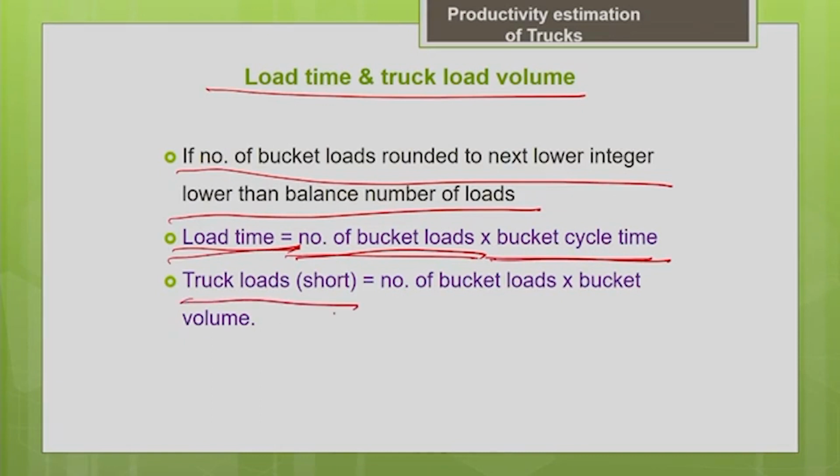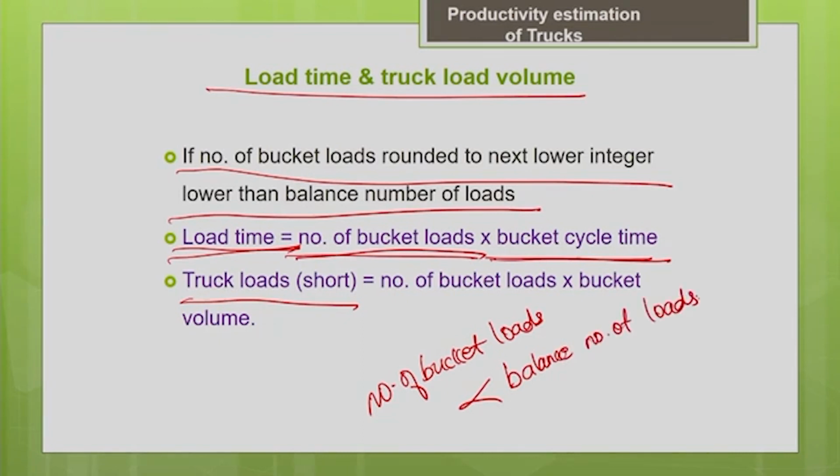Now how do we find the truck load? In this case, we have taken the number of bucket loads lesser than the balanced number of loads needed to fill the truck. So obviously we are not going to fill the truck to its full capacity. The truck load will be short. Sometimes we prefer a short load, for example when climbing steeper grades, we do not prefer loading the truck to its fullest capacity.